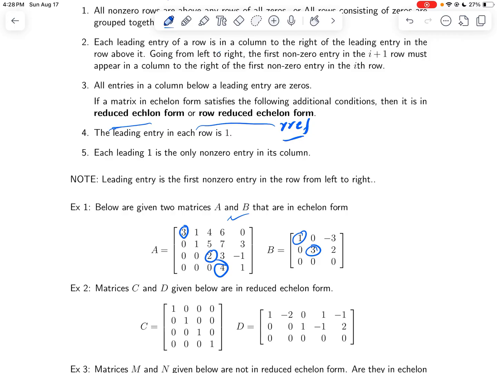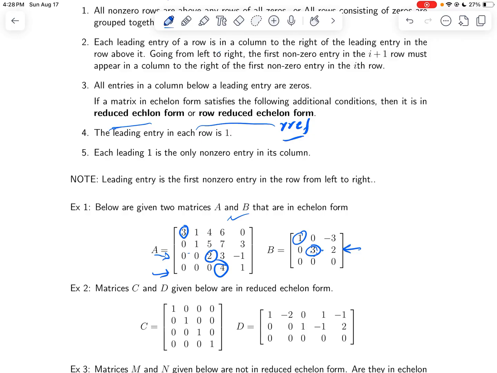So these are not in reduced echelon form, but we can easily make them 1 by multiplying, for example, the third row here by 1/2 and the fourth row by 1/4. And similarly, same thing we can do in this one. So that is something extra we have to do.